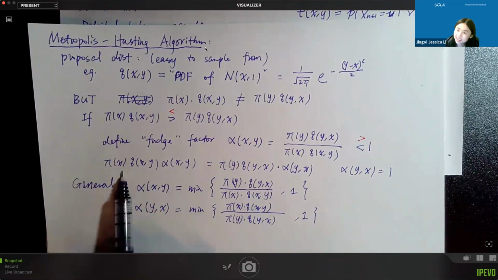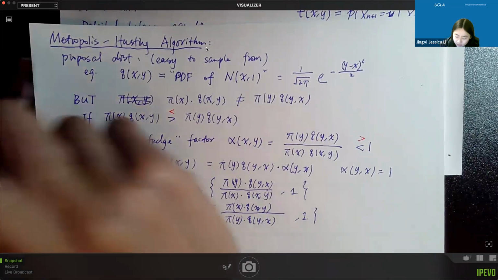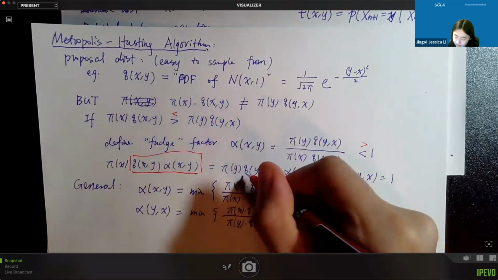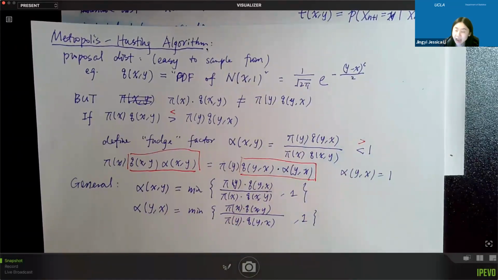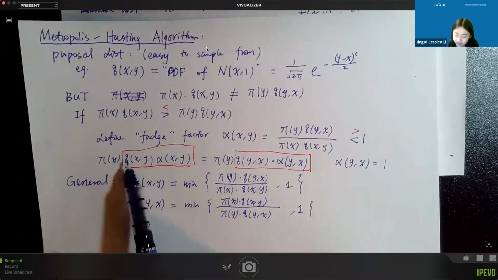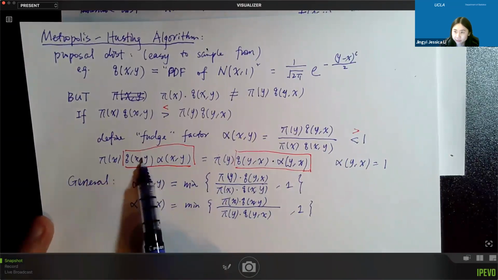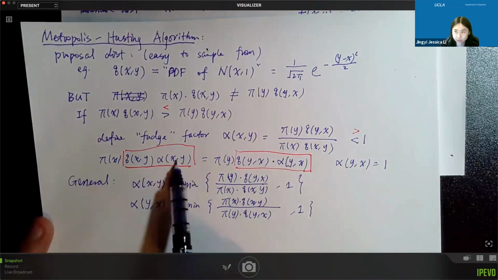So with this, you see, we actually achieve what we want. Together, q x y and alpha x y, this and this, give me the transition distribution I need. What this means is that, given the current value x, I draw my y following q x y, but I don't accept it for sure. I only accept it with probability alpha x y.